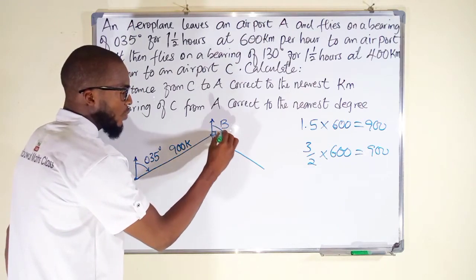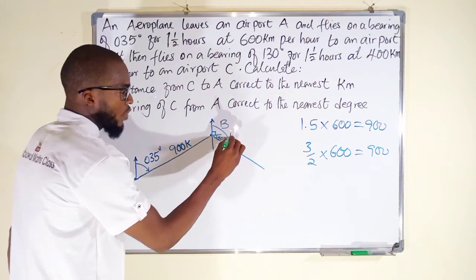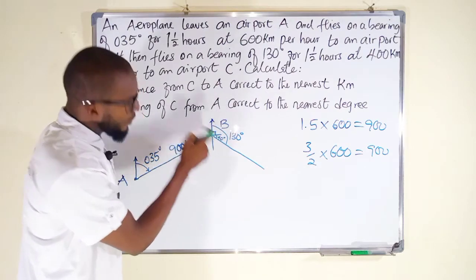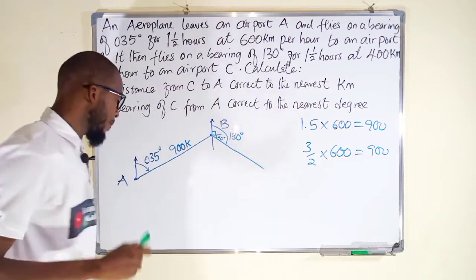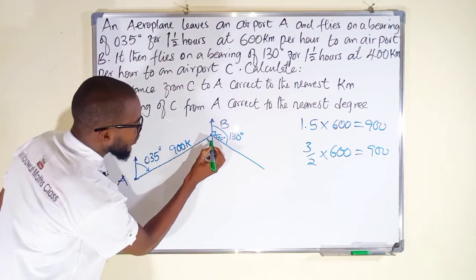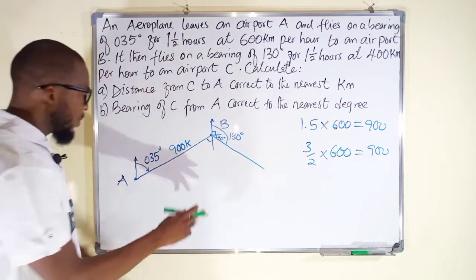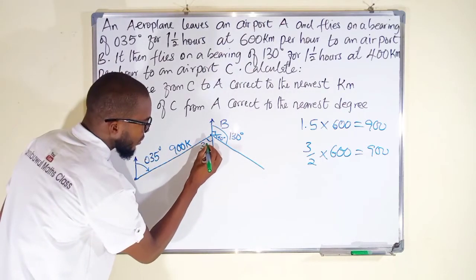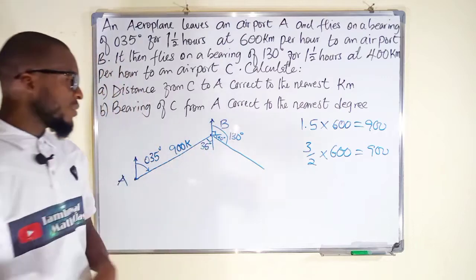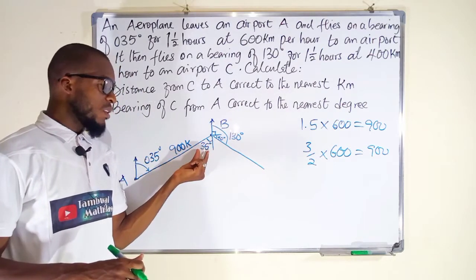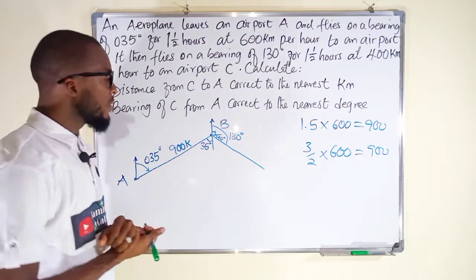All together here we have 130, because we have 90 degrees and 40 degrees. And remember, this one is going to correspond to this because they are alternate to one another. So this is 35 degrees. It is not from the question. This is why I didn't include 0 behind.